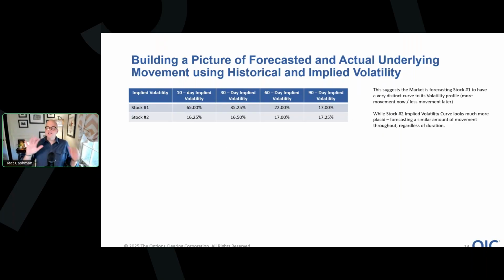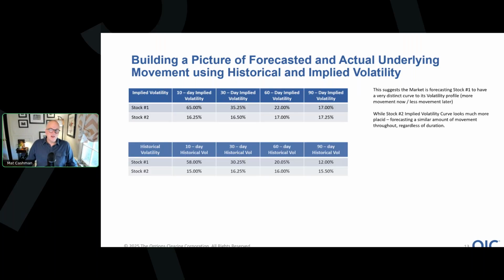So this suggests that the market is forecasting more movement in stock one in the next 10 days, and then less movement over time, whereas in stock two, the implied volatility curve is basically forecasting the exact same movement regardless.